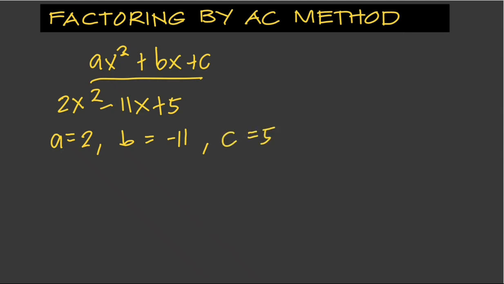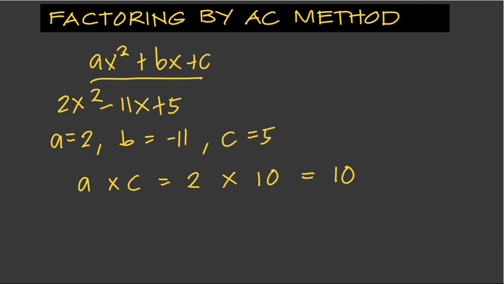Now the AC method applies. We just have to multiply A and C. A is 2, times our C, which is 5. So our AC is equal to 10.